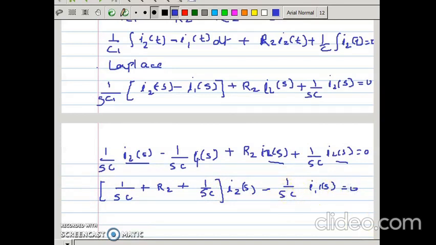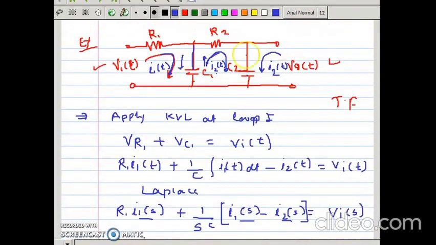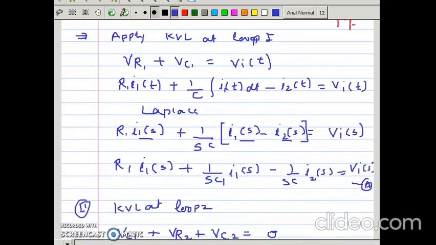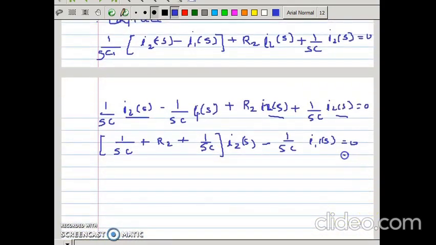This is called equation number B. Now, because there are three loops, we apply KVL at loop 3. In the third loop, what components are available? Only C2.